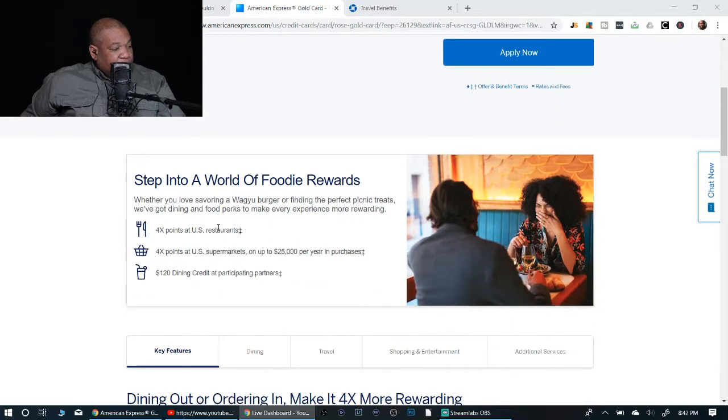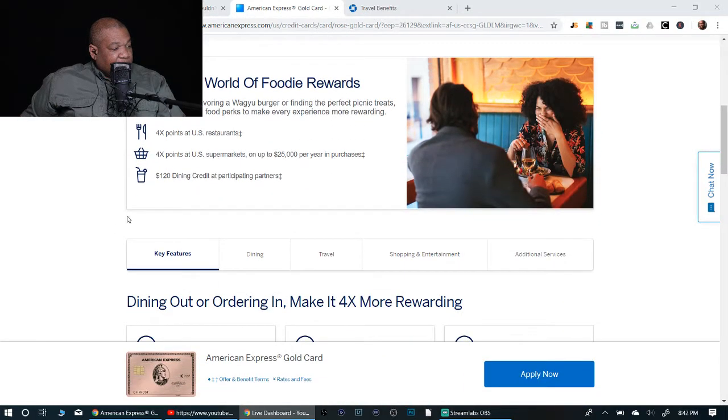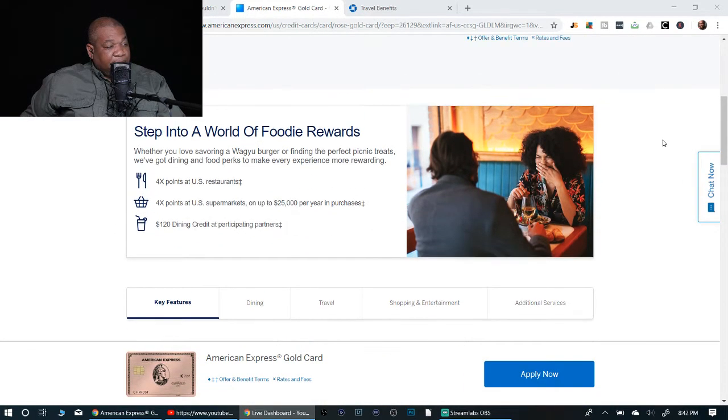So going down the list here, some of the things that I really like about the card are the earn possibilities that you can get with this card. We're looking at 4 times points at restaurants and 4 times points at supermarkets. And it's U.S. restaurants and U.S. supermarkets, so it doesn't work overseas or in other countries.